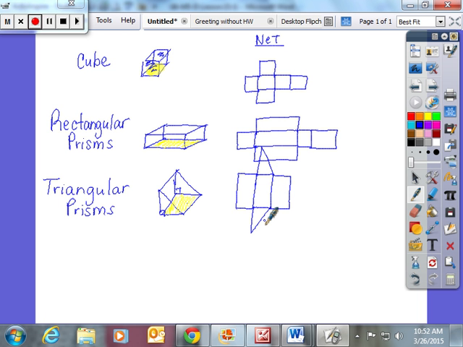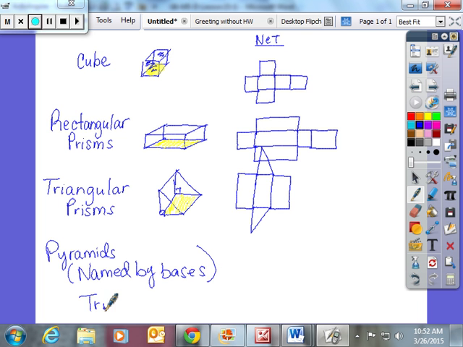The next section I would like to talk about are pyramids. Pyramids are named by their bases. Okay, so the first pyramid I would like to do is a triangular pyramid.